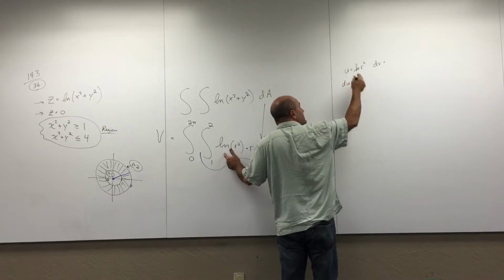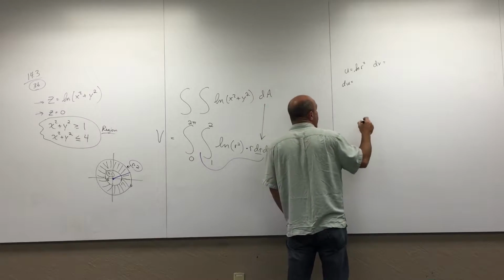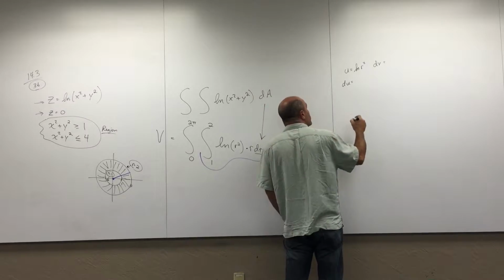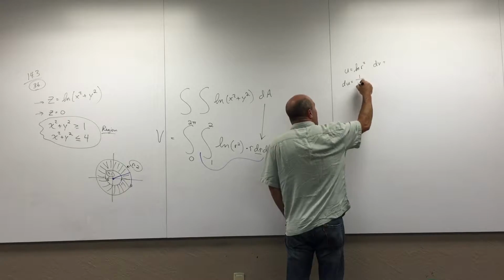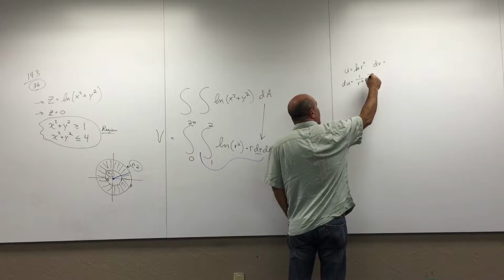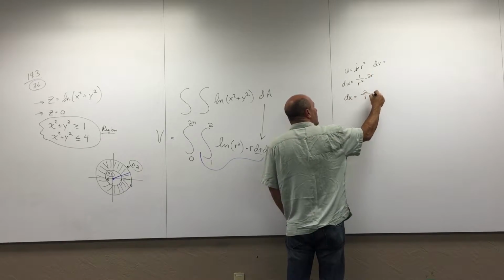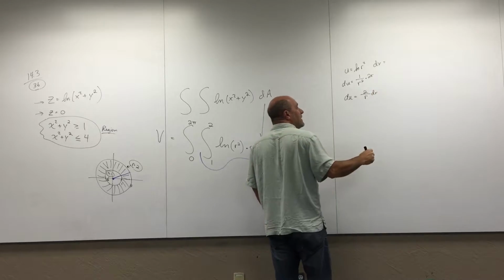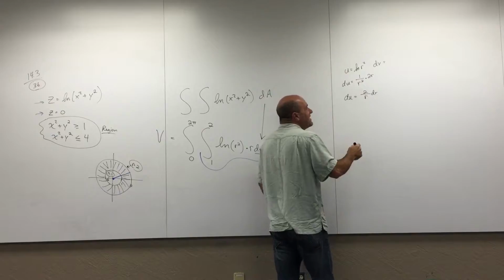This is how this game works. Do you know what du would be? The derivative: 1 over r squared times the chain rule, 2r. Clean that up a little bit, and it's 2 over r, dr. Yep. That's du.